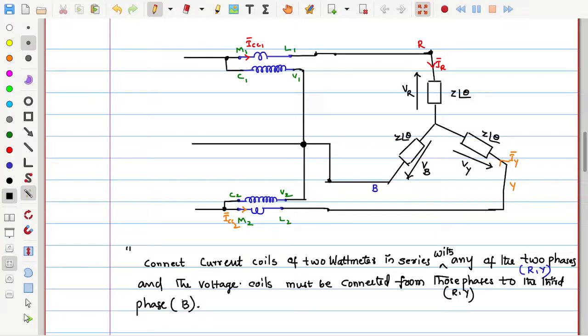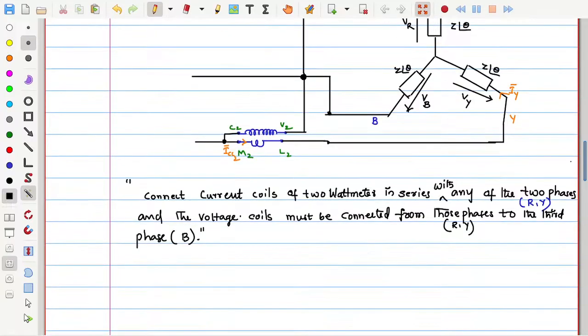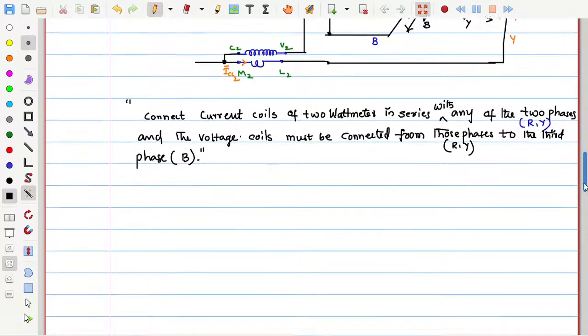This is the generalized statement of the 2 wattmeter method: you can connect the current coils in any of the 2 phases, and the voltage coils of those wattmeters must be connected from those phases to the left out, or third, phase.